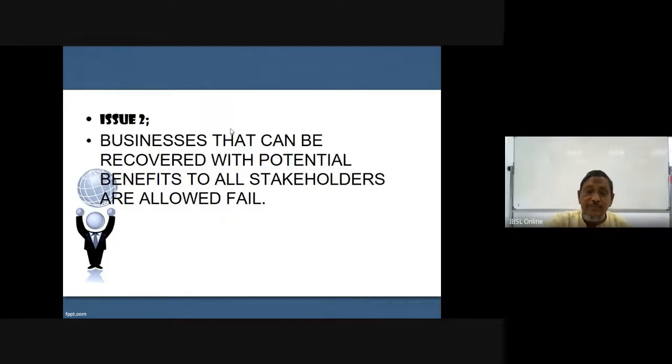Okay. Now take, for example, a large corporate, the KK cement plant. It was producing cement for Sri Lanka's entire requirement some time back. Due to some reason, it has been closed down.